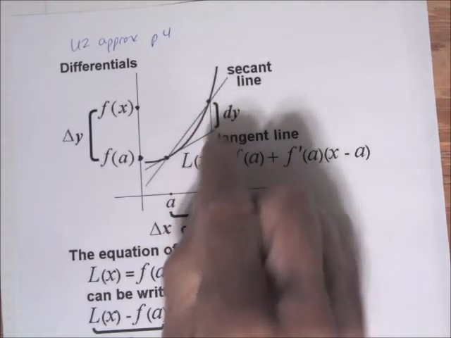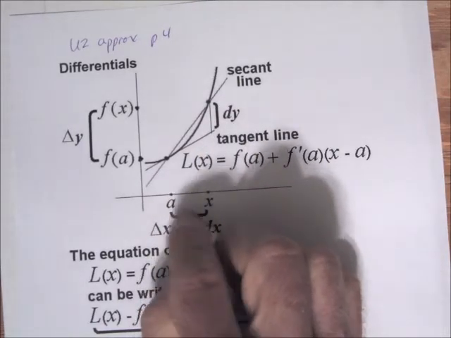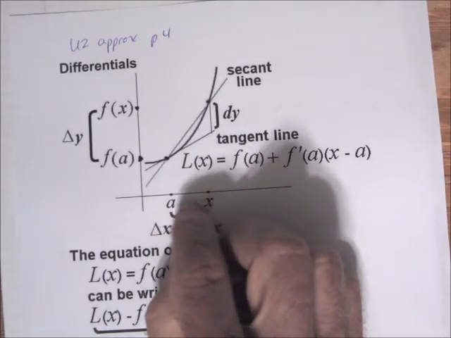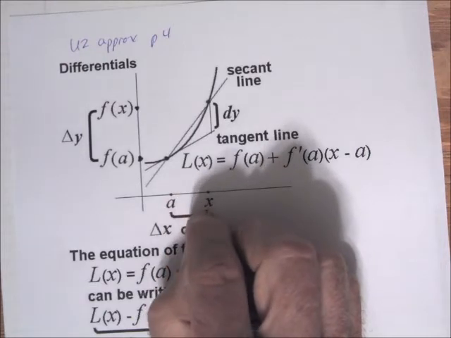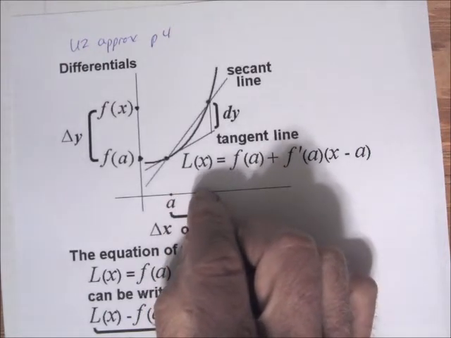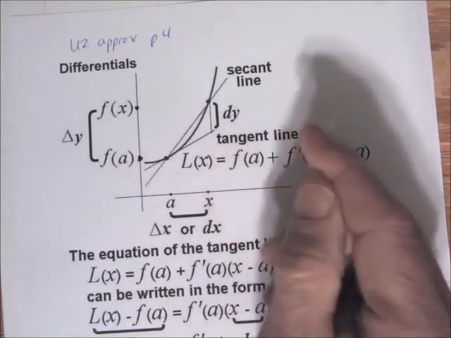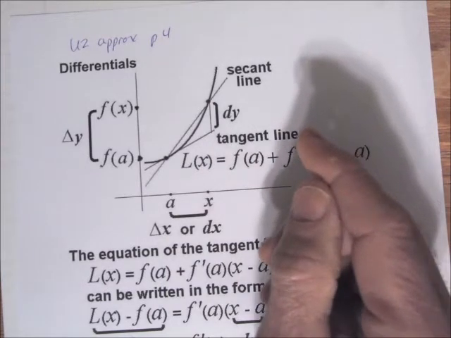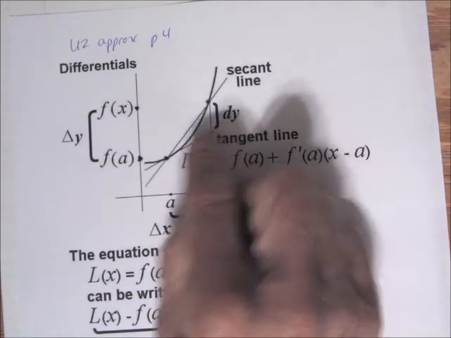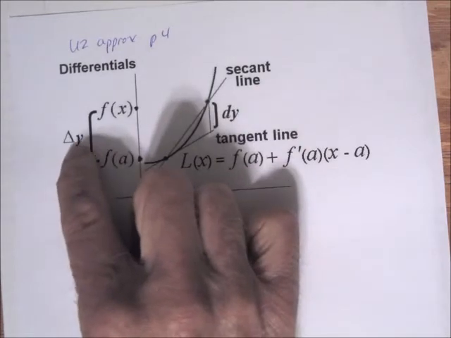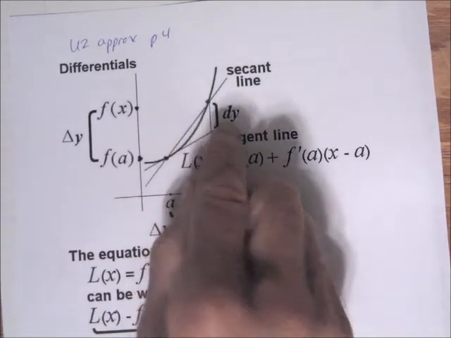And delta x and dx are both going to be the same. They're the difference between a and x. Then delta y is going to be an approximation for dy.